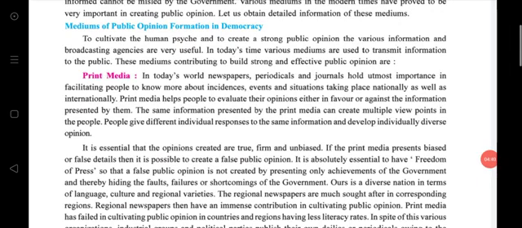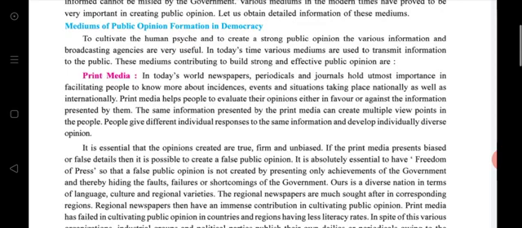If this question is asked in the examination, you should write in difference form, not in paragraph form. Mostly the question is asked like difference between print media and electronic media. So you should write 3 points or 4 points on both sides, according to the marks. Okay, so first, print media.